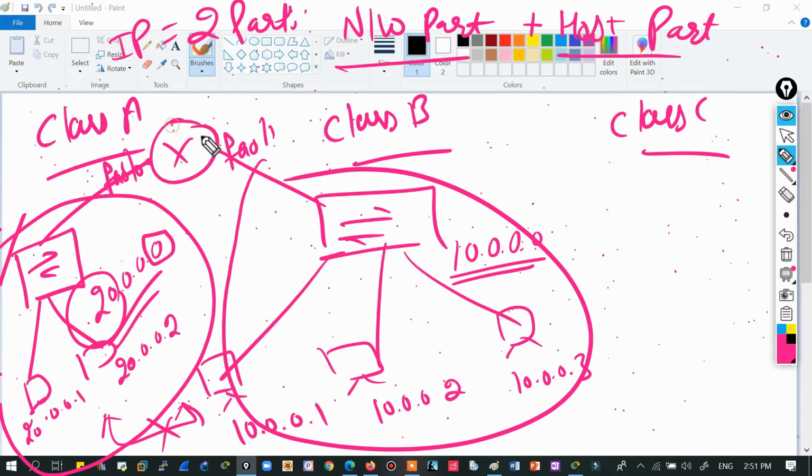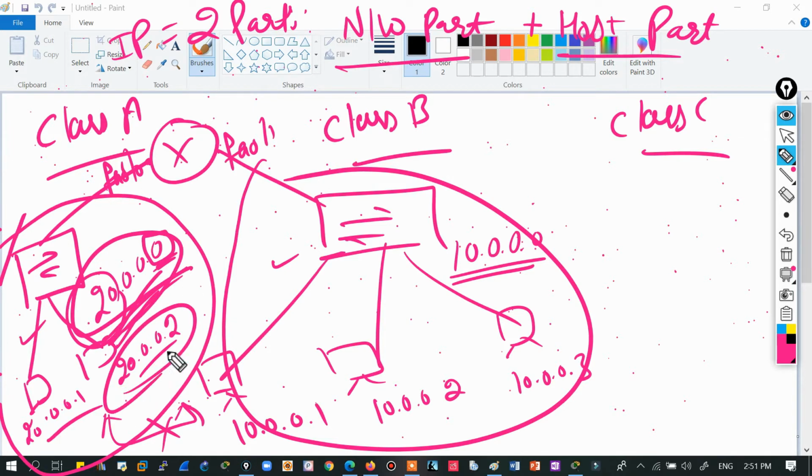Because routers and layer 3 devices need to know the network ID, which network is running in this broadcast domain and in that broadcast domain. So this first address can never be used for a host. For now, this is the network and this is the host.